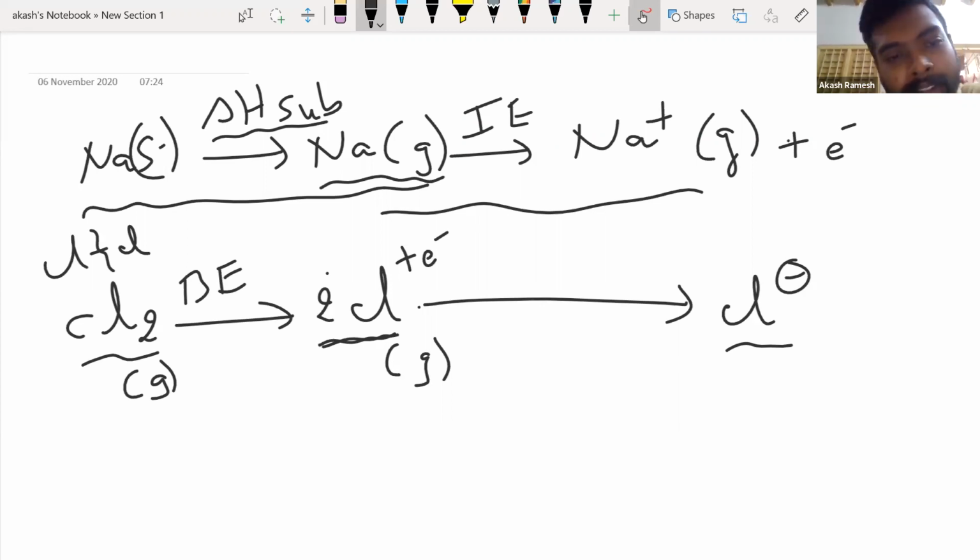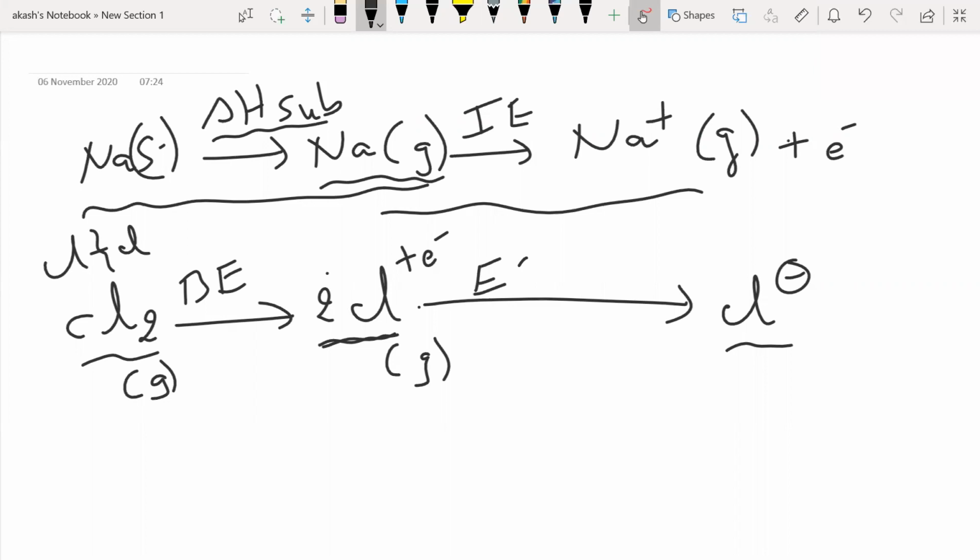For removing an electron, it is ionization enthalpy. For addition of an electron, what is it? Electron gain enthalpy. Wonderful. Yes, that's the answer.